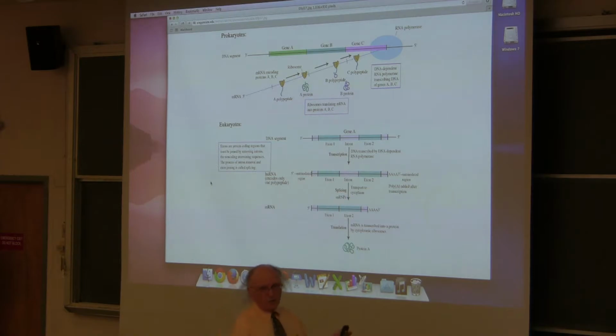The messenger RNA is carrying that sequence to the place where protein's being made. So we see the transfer RNA is carrying the amino acid. We see that the messenger RNA is carrying the message, that is the information necessary to make that protein. I'll repeat that. It's a very important point.